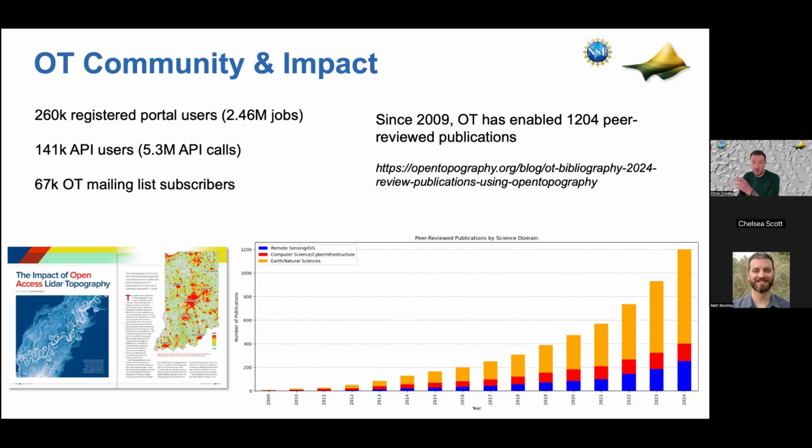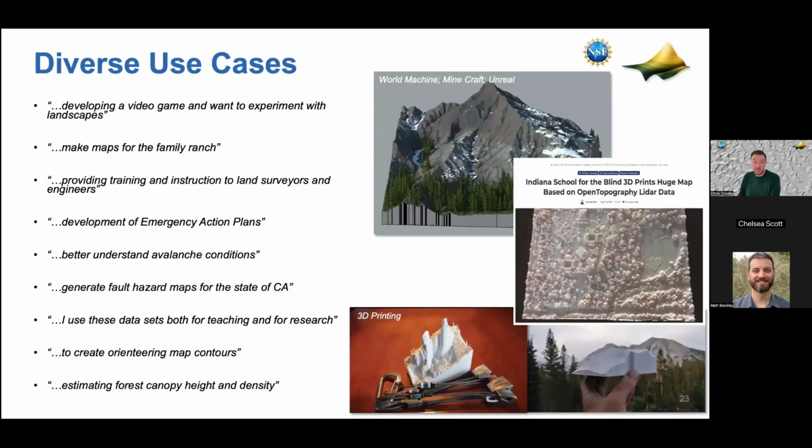And so when we go to the National Science Foundation to request support to continue running OpenTopography as a free resource, this is a big part of the sales pitch. But we also know, as I said, that lots of people are using OpenTopography for other purposes.